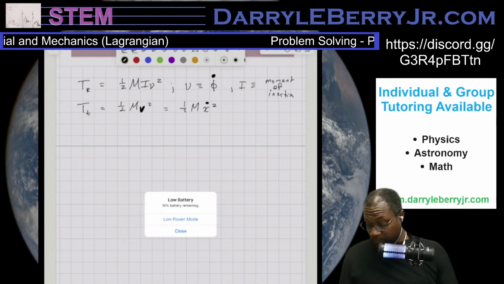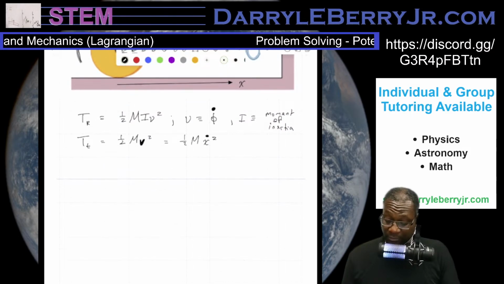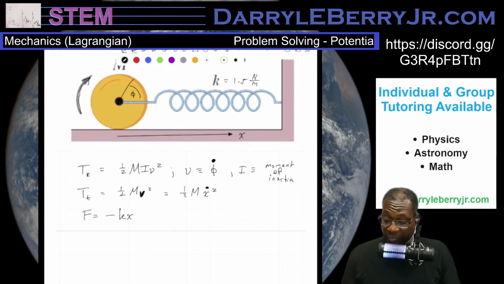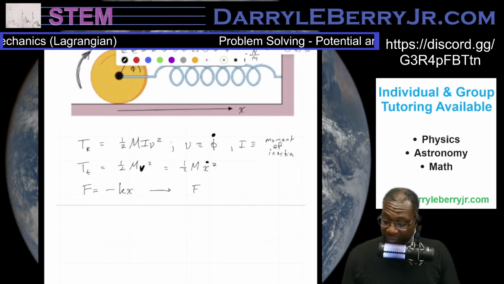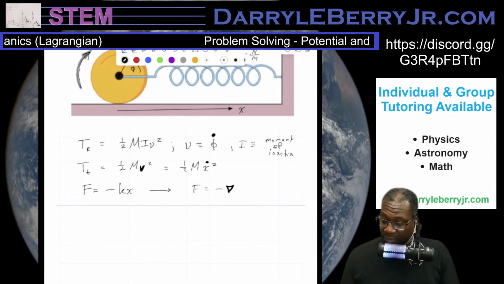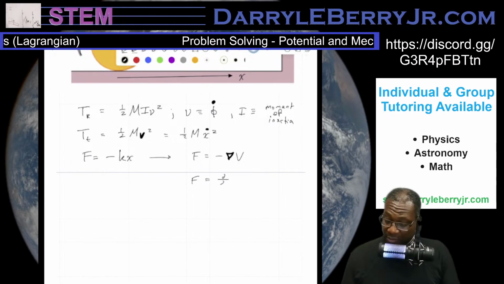Now, dealing with a spring, we have F equals negative kx. We know there's a force going on with this thing. And we know that force is the negative gradient of the potential. This means that force is the derivative of the potential.